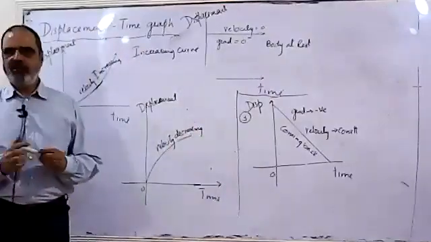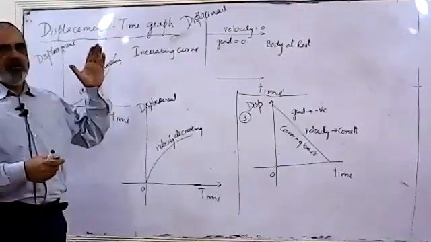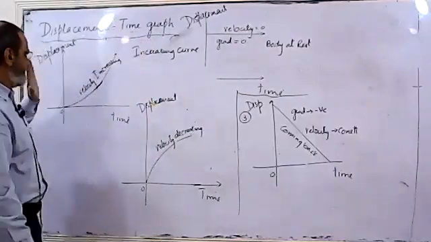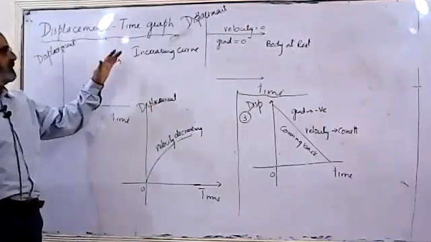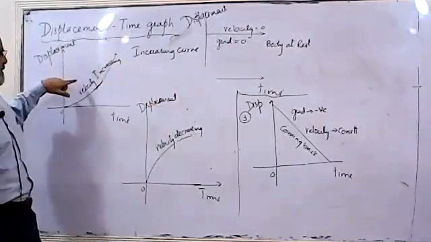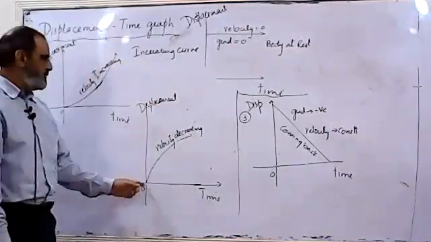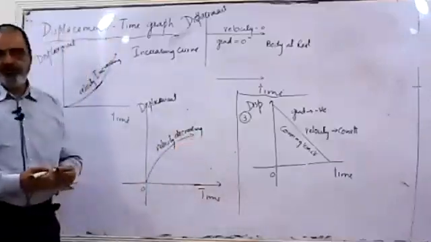So the straight lines were representing constant velocity, whether positive, 0 or negative. But if the behavior of the curve is like this, it is an increasing curve, so the velocity is increasing. This behavior of the curve shows decreasing velocity.